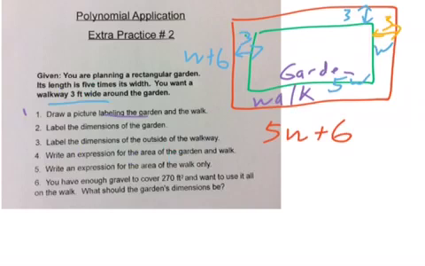And we've already answered, let's see, 1, 2, 3. We're now on number 4. It wants the area of the garden and the walk combined. So that would be the whole thing. So find the area of this whole region. So I'm going to multiply those, and I'm just going to use the box method as I multiply.